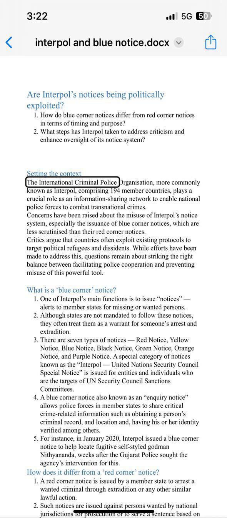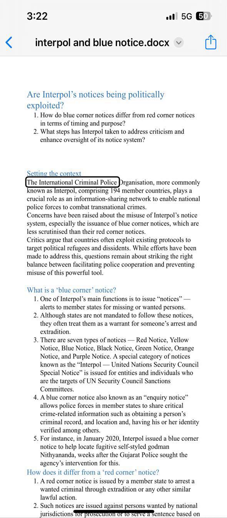What are they? Notices are the means or mediums through which a country affected by transnational crime would seek information from Interpol or from another country which is also part of the Interpol, right?